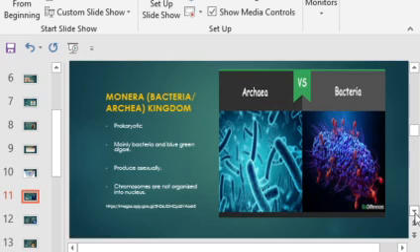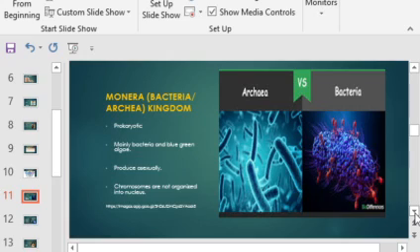So you see how different the archaea is compared to the bacteria, and later on in other lessons we'll definitely talk about bacteria and how it is made up, its characteristics. So we already said it's prokaryotic, very important to always remember.